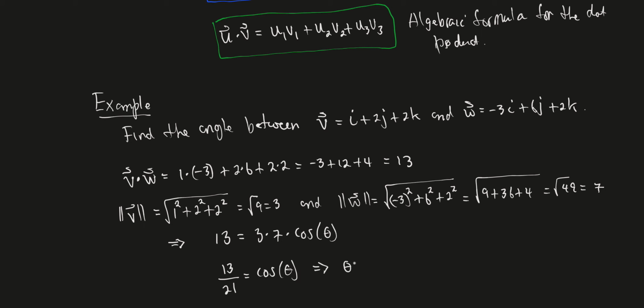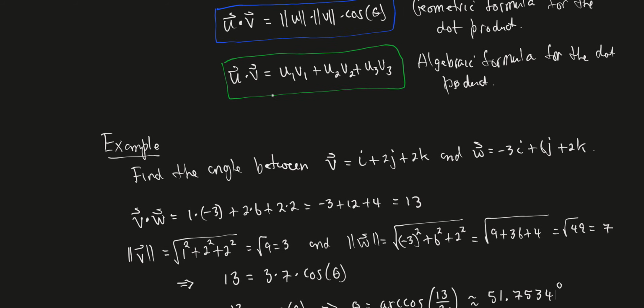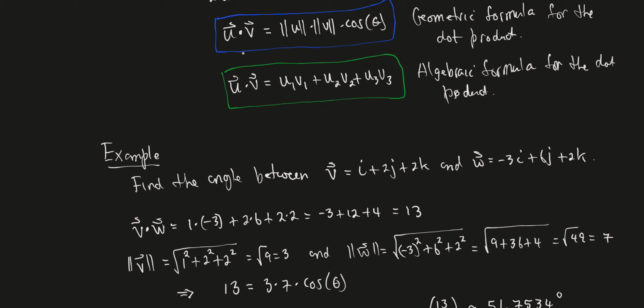Therefore, theta, using our arc cosine, is the arc cosine of 13 over 21, and in degrees, this is approximately 51.7534 degrees.